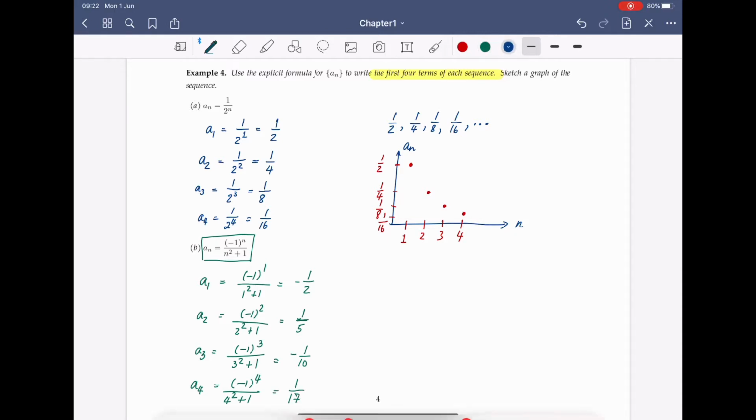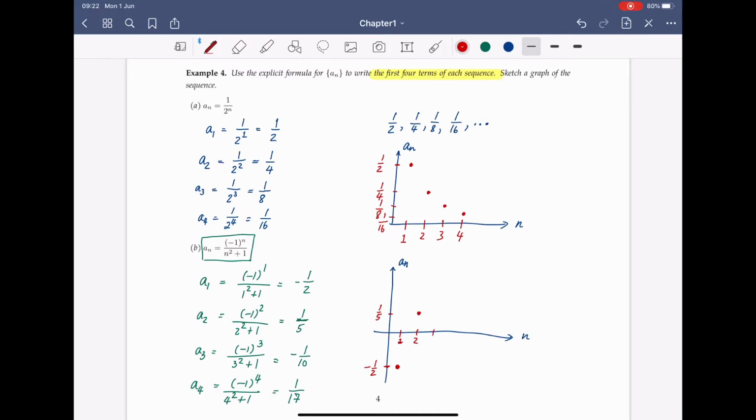So if you want to graph this, let's make it both on the positive side and negative side because we have negative numbers here. When n is equal to 1, I have negative 1/2. So let's say this is negative 1/2. I plot it. And then when n equals 2, I have 1/5. Let's say this is 1/5 here.